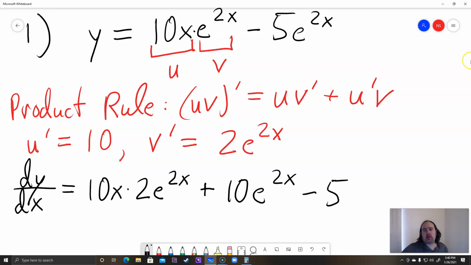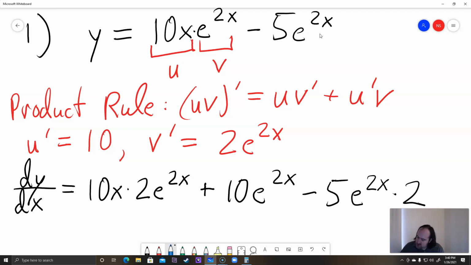And then remember, the derivative of e to the whatever is e to the whatever. So we're going to have negative 5 e to the 2x. But then because of the chain rule, we're going to have to multiply this times the derivative of 2x, which is 2. So it's going to be negative 5 e to the 2x times 2.